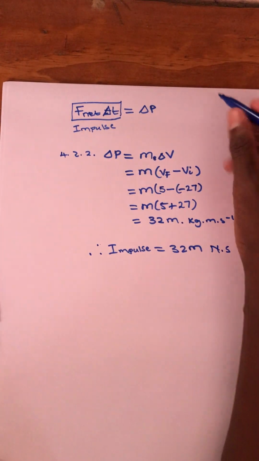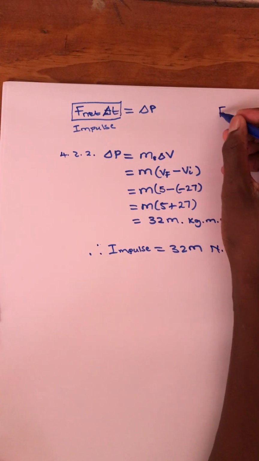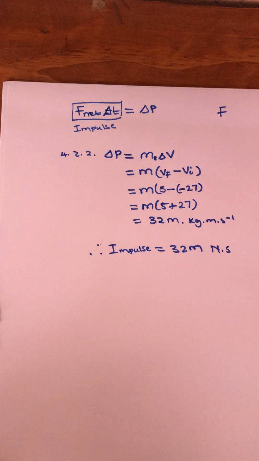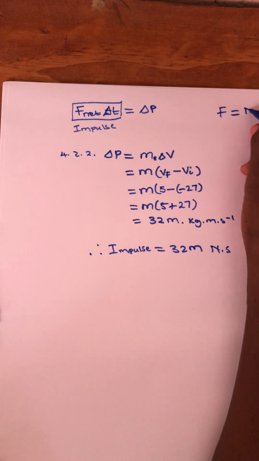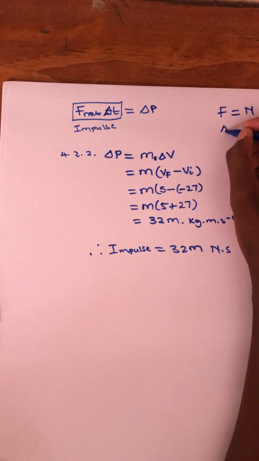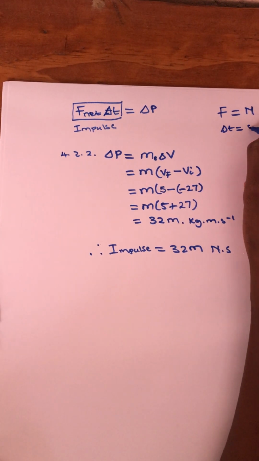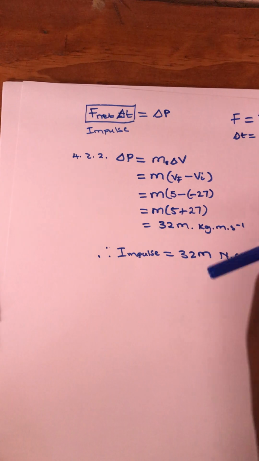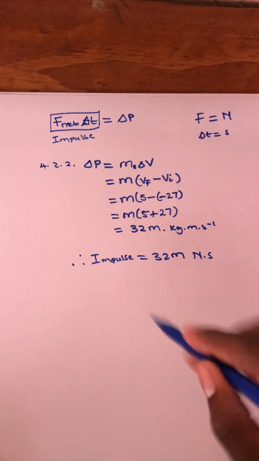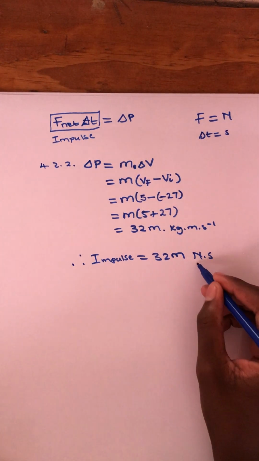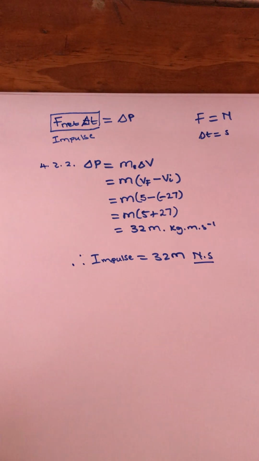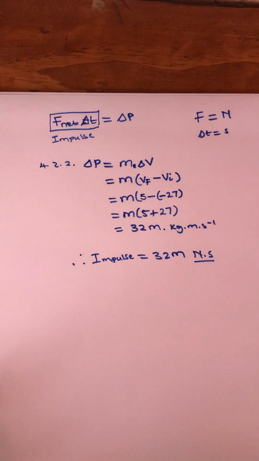Remember, impulse is the product of F net and time. F we measure with the Newton, while time we measure in seconds. So the SI unit for impulse is Newton seconds. I hope that will be simple.